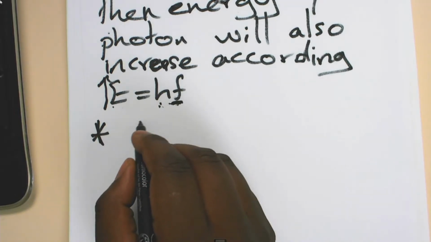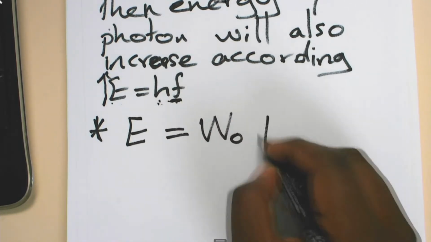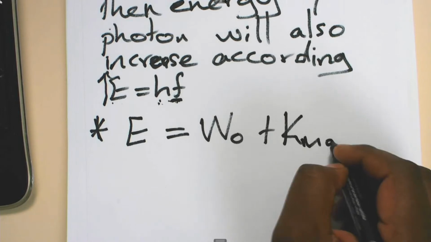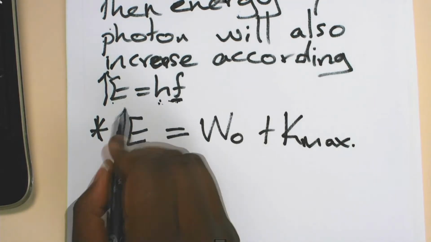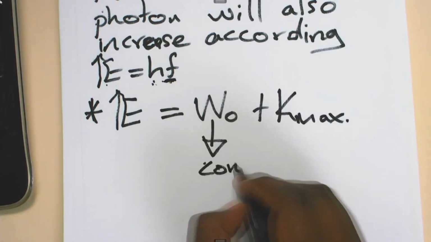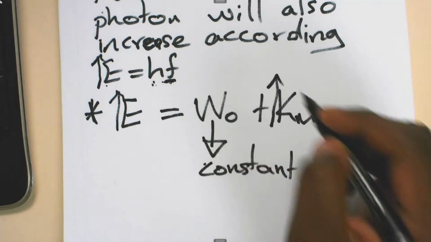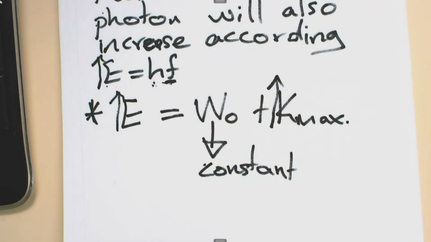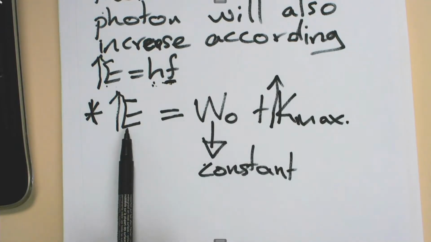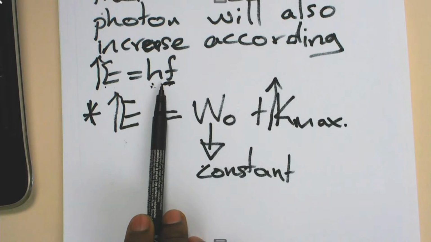We have seen that according to this formula, E equals work function plus maximum kinetic energy. So if this increases and the work function is constant, then the maximum kinetic energy of the photoelectrons will increase. How do you increase the energy of the photon? By using light of a higher frequency.